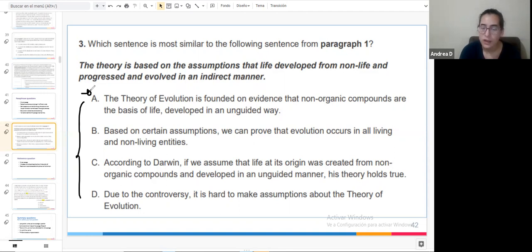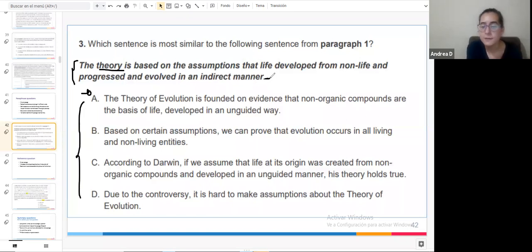So, well done. As you can see, I forgot to mention this was about the theory of evolution, by the way, but I'm guessing you assumed that. Everything you need to do is paraphrase whatever you have here and find that in the options. The trick here is never choose an option that includes something that's not directly in the sentence.